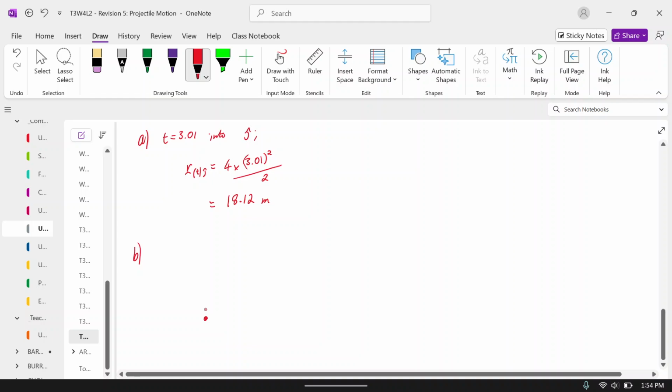here's my ball. I know that it hooks left by 18 meters. I don't know how far it went in my I component, and I don't know this last side length.